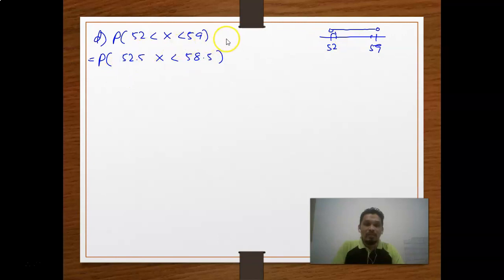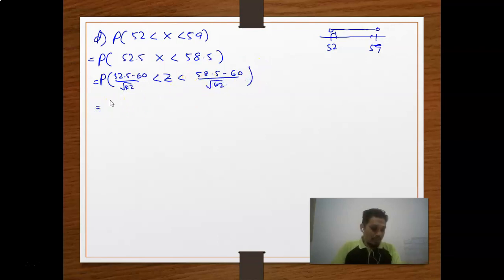Now, the first step is continuity correction, clear. Then turn it from binomial into normal, which is 52.5 minus 60 divided by the standard deviation, square root of 42. And also 58.5 minus 60 divided by the standard deviation of square root of 42 here.